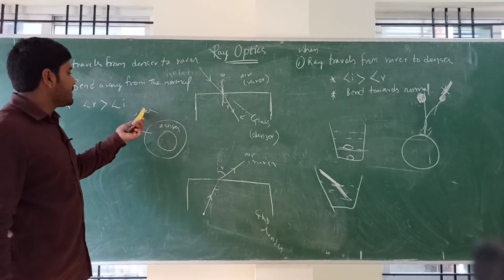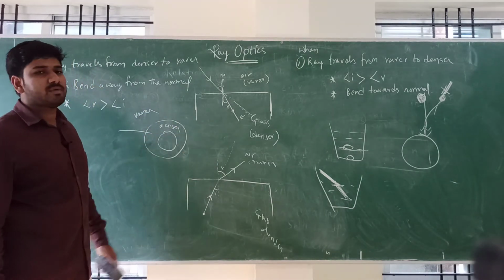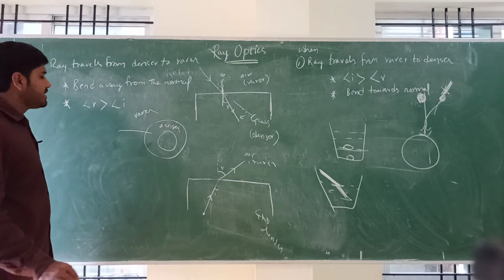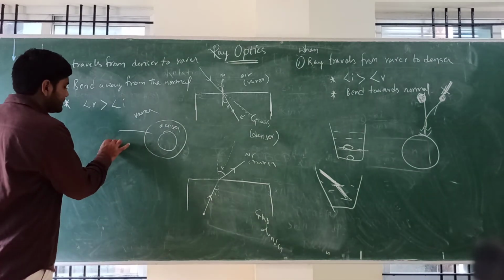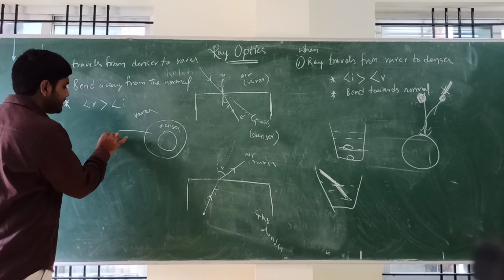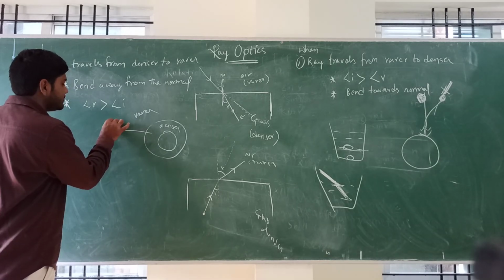Vacuum is the rarer medium and the atmosphere is the denser medium. Actually the sun was here, but you feel the sun is here.